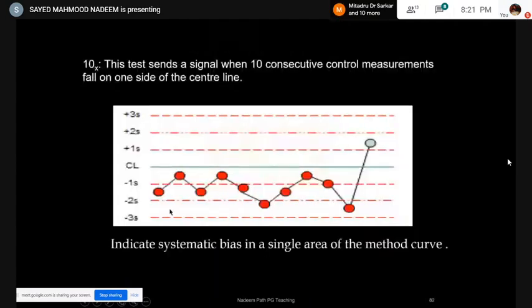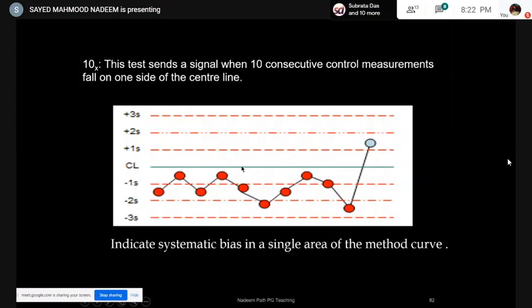That means if you have 10 consecutive points on one side of the mean, it is called a 10x rule violation. This is not a very serious rule violation. It is trying to tell you that there is a systematic bias.